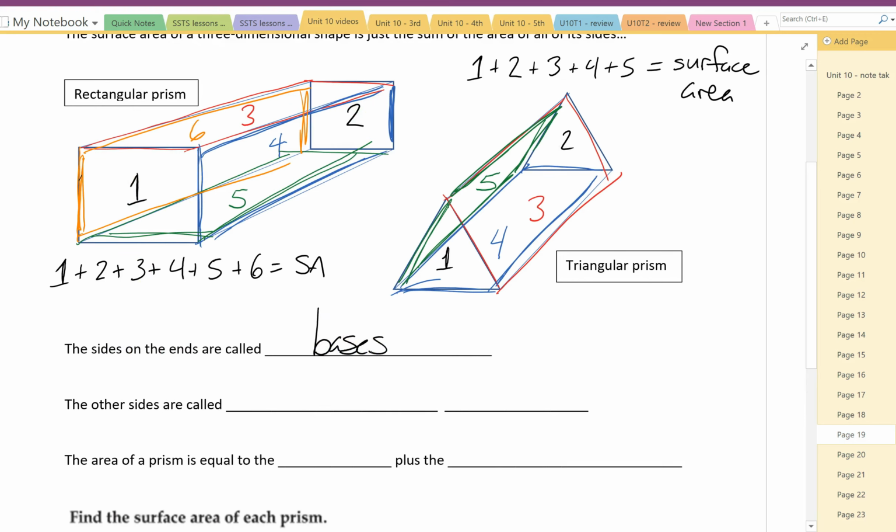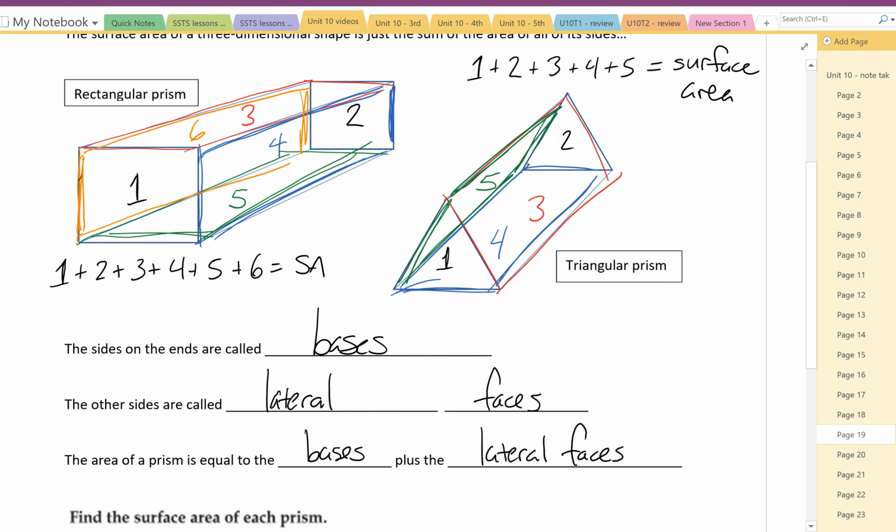The sides on the ends of a prism, of a three-dimensional shape, are called bases. The other ones, basically 3, 4, 5, and 6 on the rectangle, or 3, 4, and 5 on the triangle, are called lateral faces. So the surface area of a prism is equal to the bases plus the lateral faces.